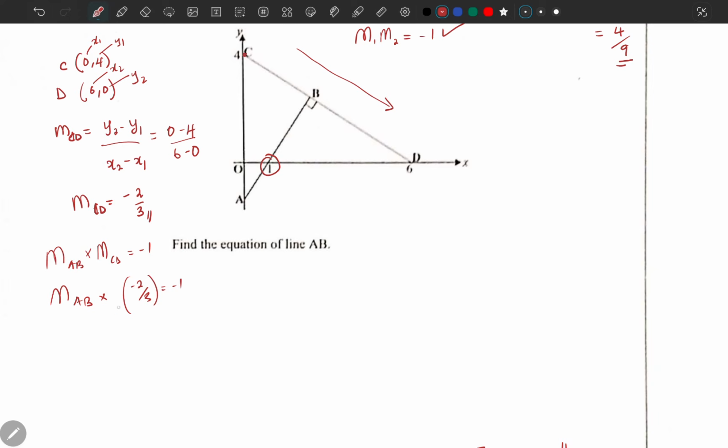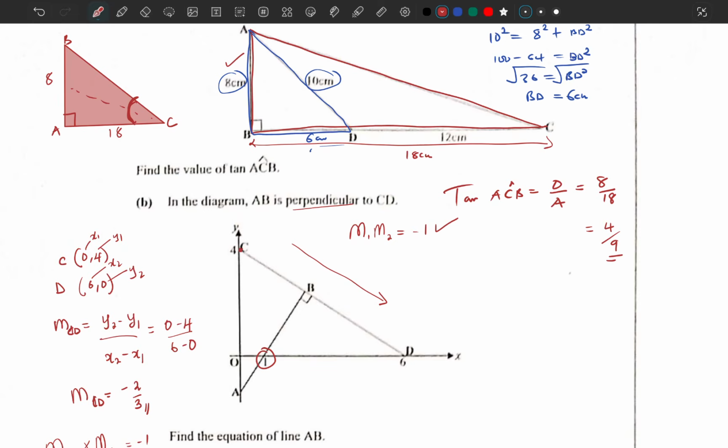How do we eliminate this here? You just multiply both sides by the reciprocal of negative 2 over 3, which is negative 3 over 2. So these cancel out. You remain with the gradient of AB. Because there's a negative already, you have 3 over 2. So this is the gradient of line AB.